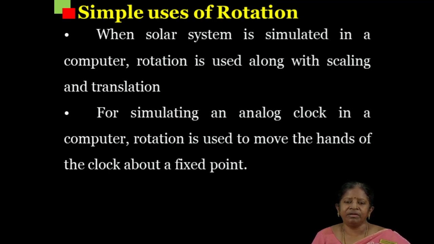So where will you use the rotation? Rotation can be used in simulation of the solar system. If you want to move an atom, the atomic motion can be simulated using rotation. Like this, any orientation change in the angular position can be implemented using rotation.